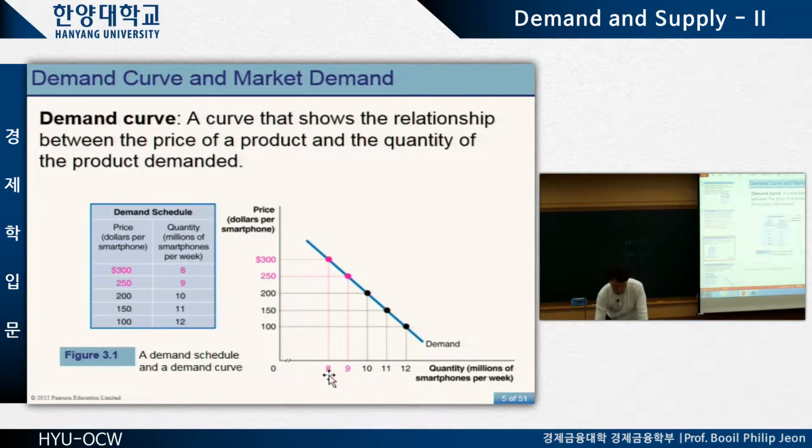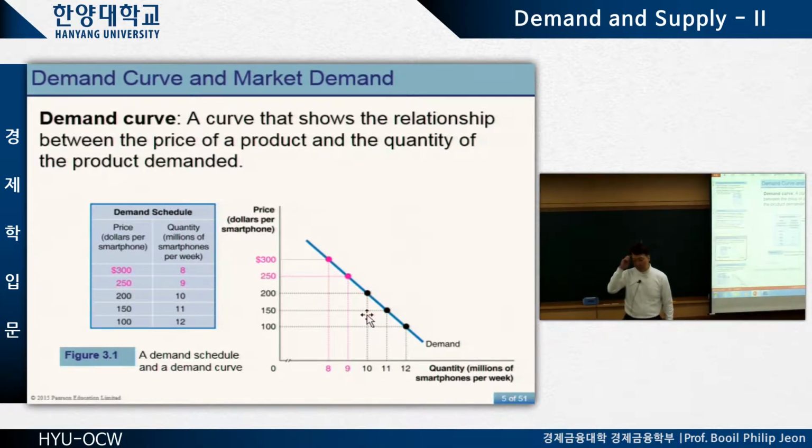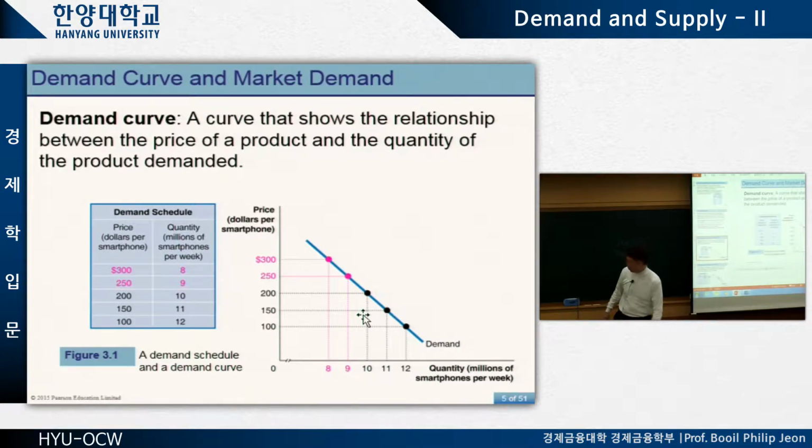Each of the rest of the pairs become these dots, so we're going to have 5 dots in this space. When you connect these 5 dots, we get this downward sloping line or curve. It doesn't have to be a line; in reality, that may be a curvature or curve.